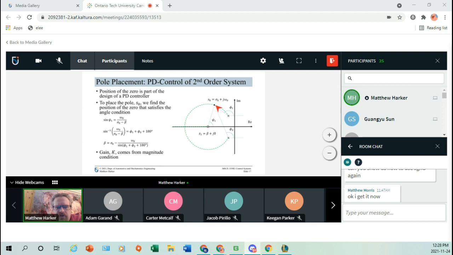So what we might want to do is say, I want this to be the pole location of my designed system, right? So I have my physical system has these poles here. I'm adding this controller so I can basically move those poles around. And let's say I choose as my design criteria, this should be my pole, based on damping ratio and natural frequency.